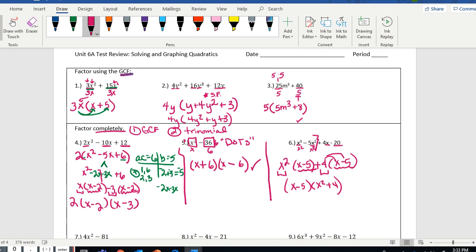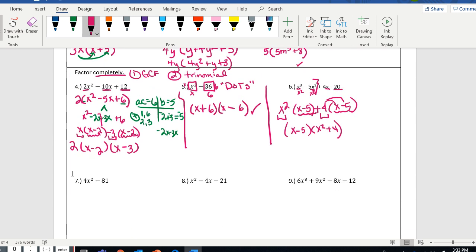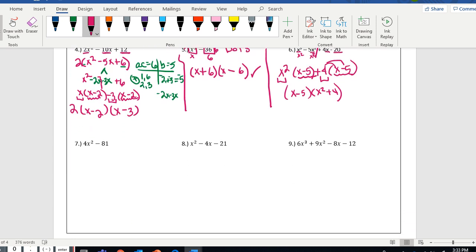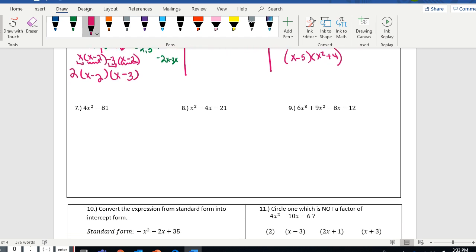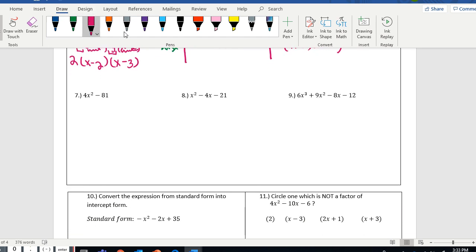All right, moving on down the page because I'm going to stop this video once I finish the bottom of the page. Okay, this one, if you'll look, there's only 2 pieces. Let's change colors. In the 2 pieces, is the 4x squared a perfect square? If it's not, then I'm going to have to GCF it.